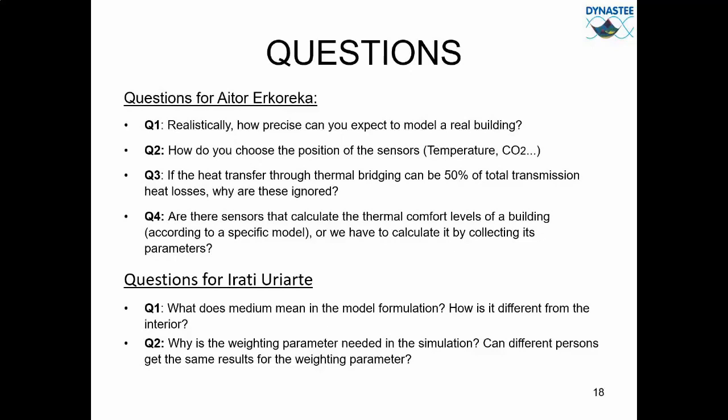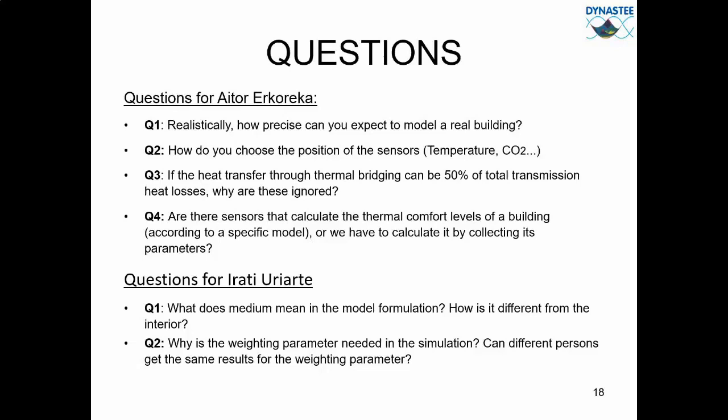But about question 1, realistically, how precise can you expect to model a real building? That's a very hard question, but the more precise measurements you get from the real building and the more signals you measure, it's possible to get models with a higher precision.